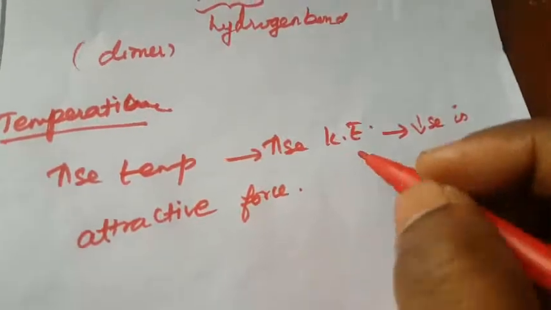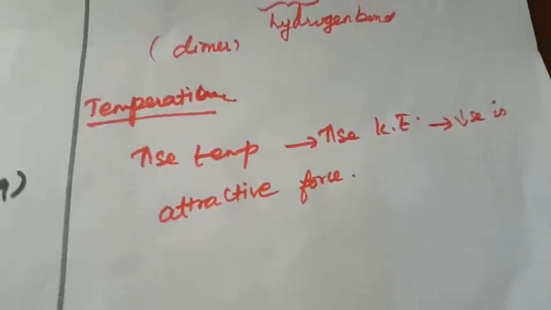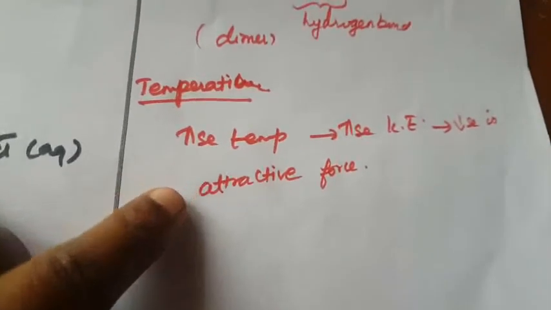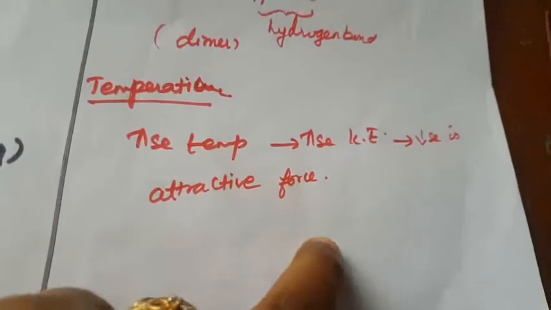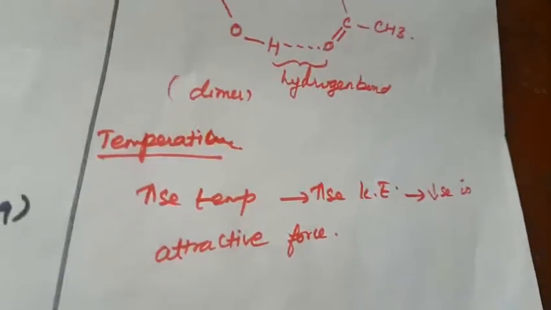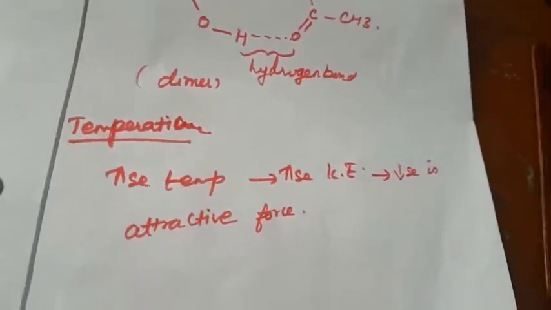As a result, the solution deviates from the ideal behavior. So when the temperature increases, the kinetic energy also increases and the attractive forces decrease, so it deviates from the ideal behavior.